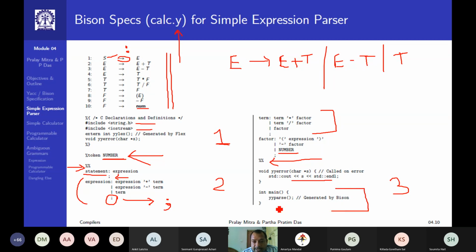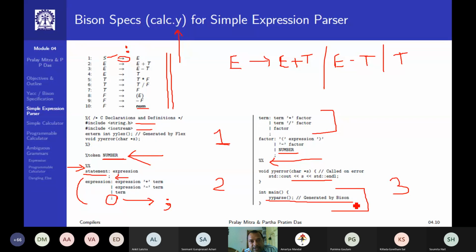Now, in main, there is only one function, that is yyparse. The definition or declaration of yyparse is not in this file. The C compiler does not have that one. It is generated by the Bison utility, similar to yylex for our Flex program.